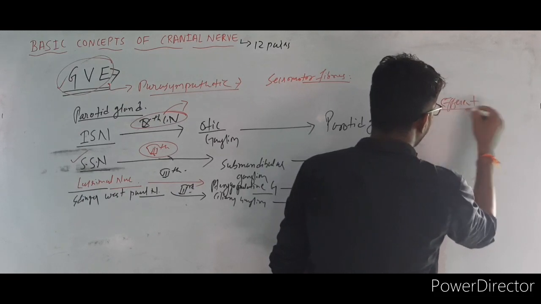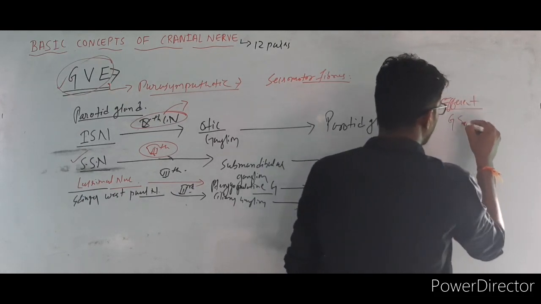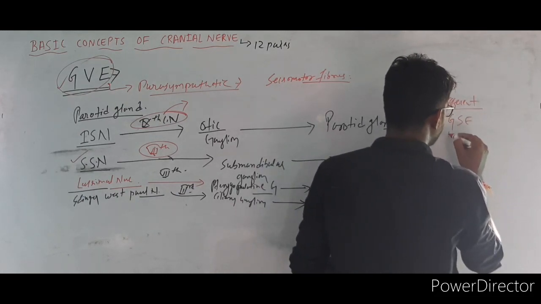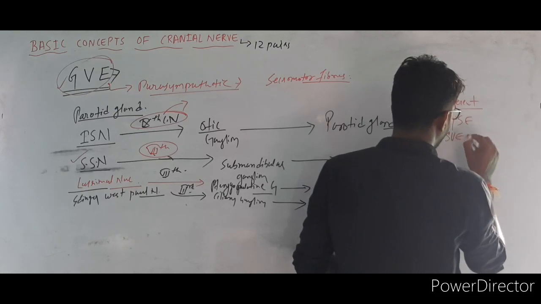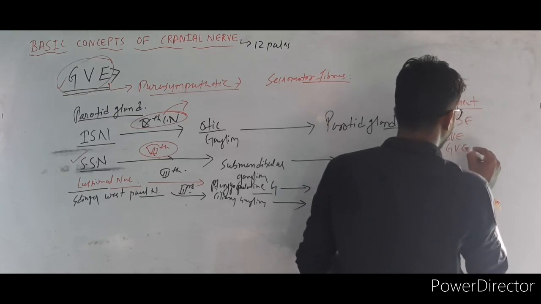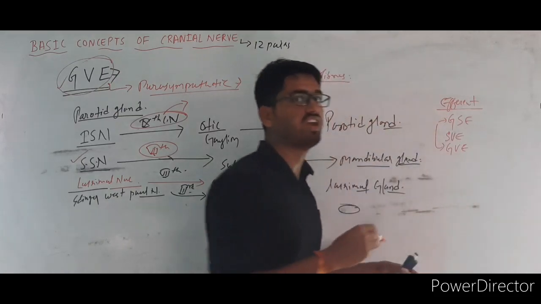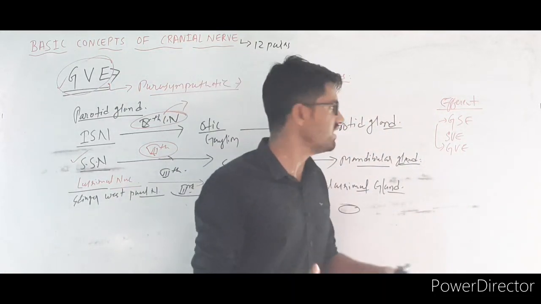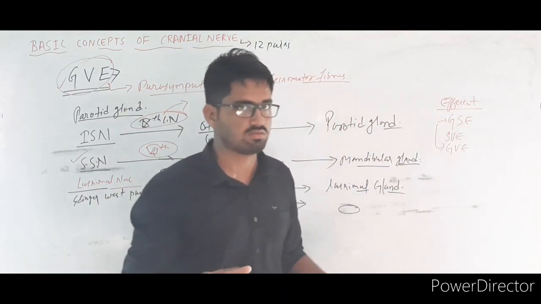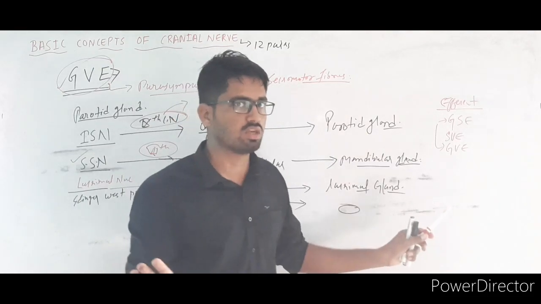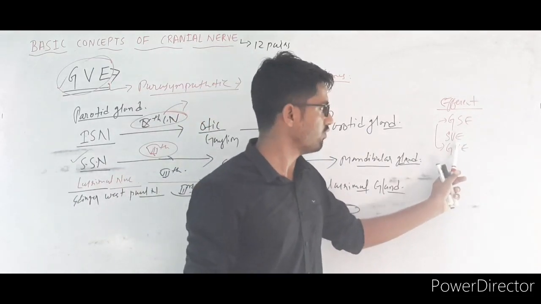So what have we read? One is the general somatic efferent. Second is the special visceral efferent. Then general visceral efferent. We already saw somatic, two types of somites, and which cranial nerves come.